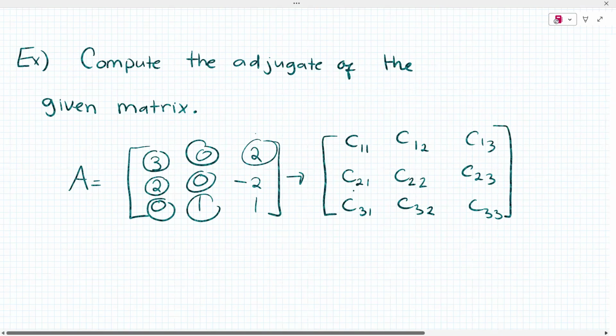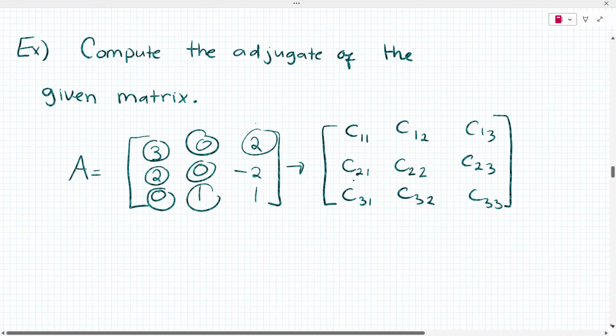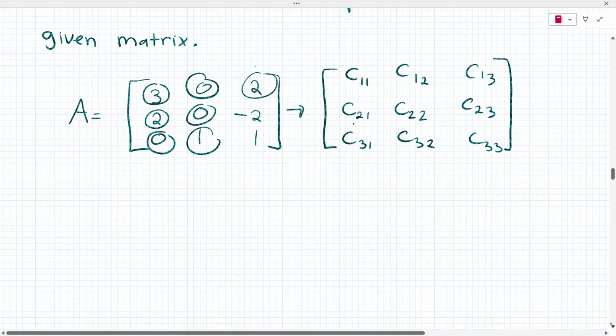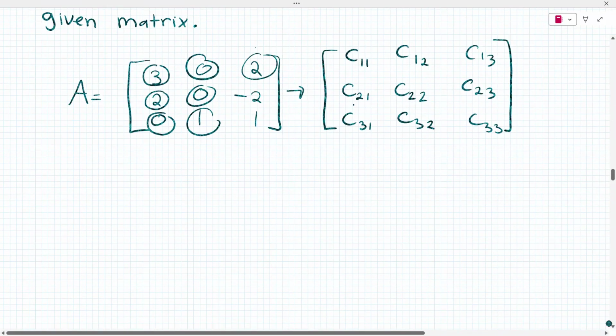So step one, calculate the determinant of the values not on the row or column. Okay, so what we're going to do is find step one, the cofactors.